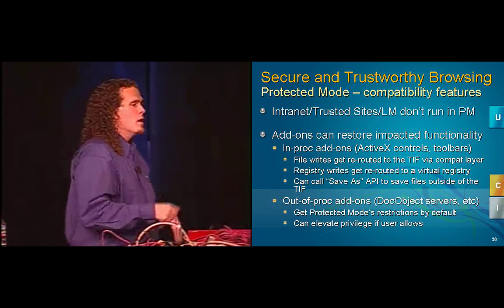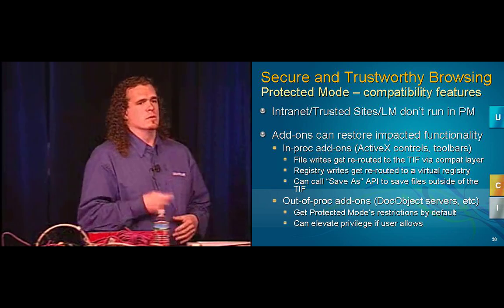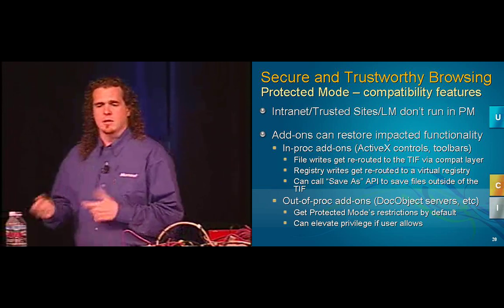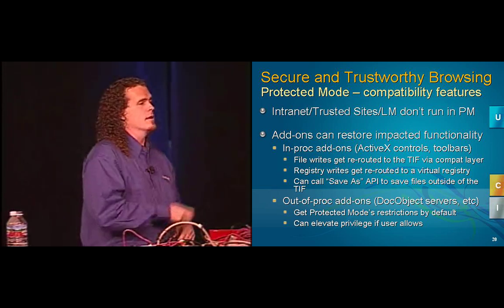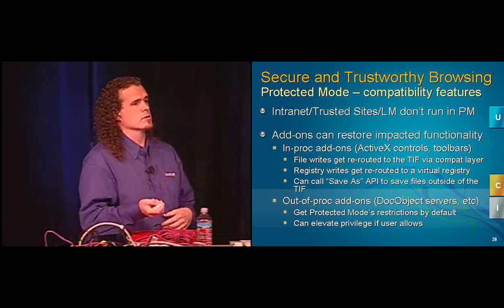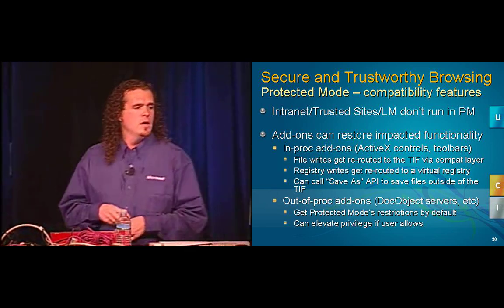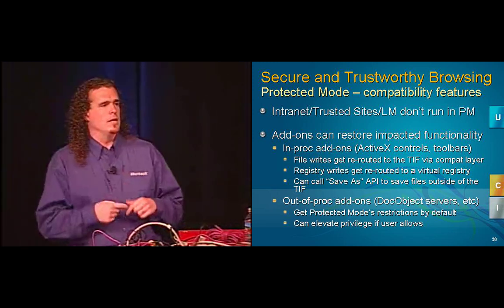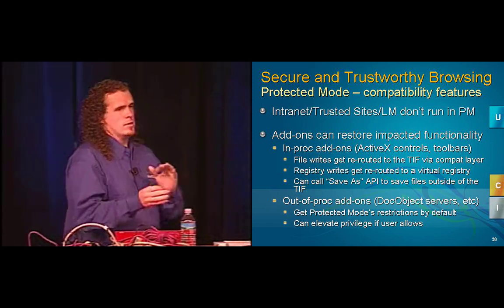For add-ons, though, they have a bunch of options to sort of restore the impacted functionality. The first thing that actually happens for in-proc add-ons, for ActiveX controls or toolbars that are running in the IE process, their file writes automatically get rerouted. They get rerouted into the temporary internet files via this compat layer.